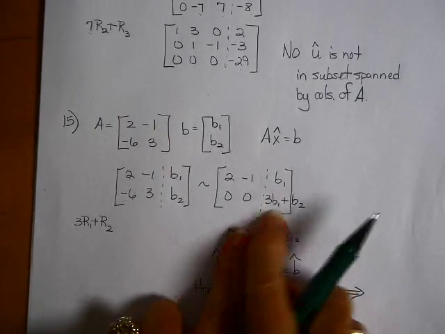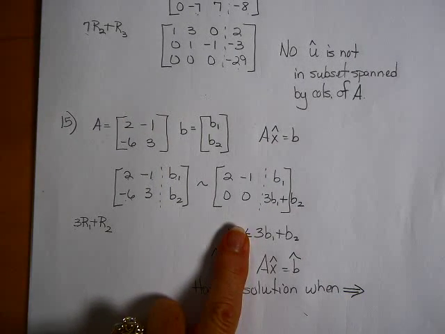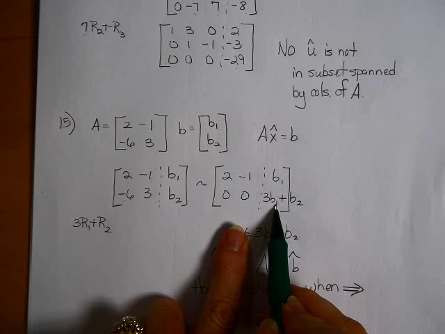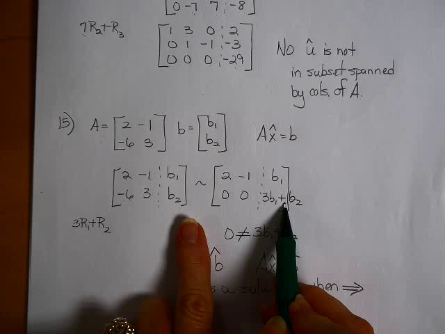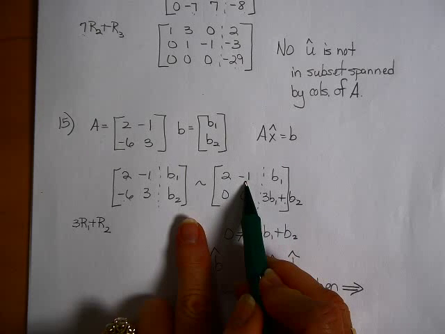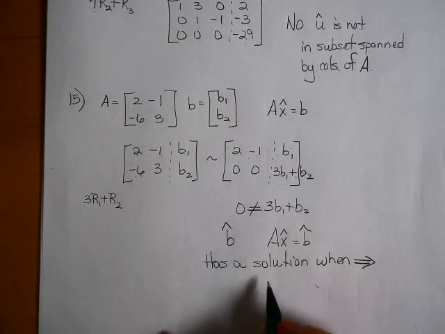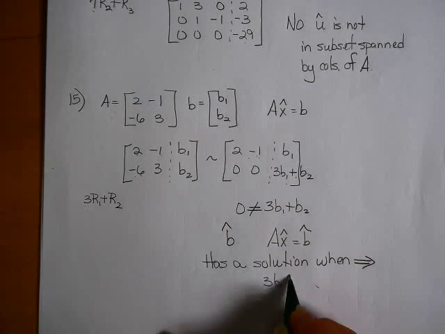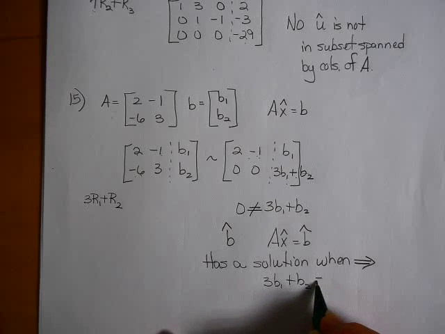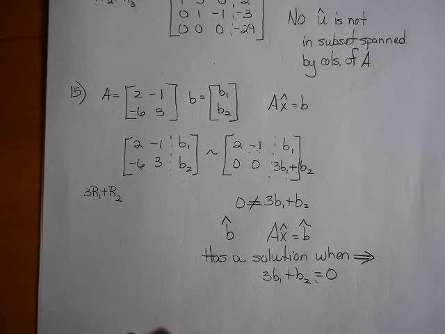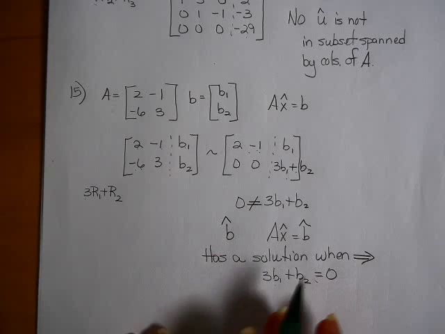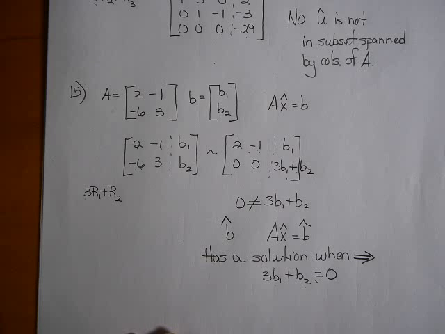Go back up here. When will this have a solution? When this thing right here is 0, then you've got a whole line of zeros and you will have a solution. In fact, you'll have an infinite number because you'll have a free variable. It'll have a solution when 3b1 plus b2 equals 0. That's when it has a solution. So whatever it takes for b1 and b2 to make this whole thing 0, that's when it'll have a solution.